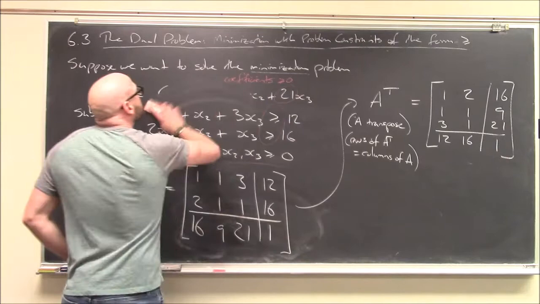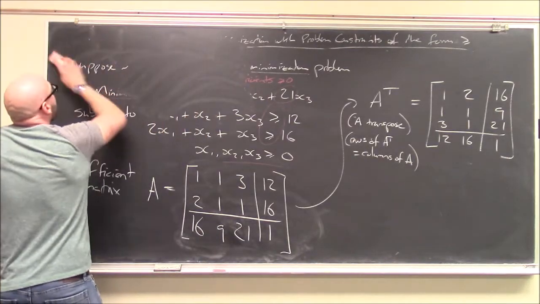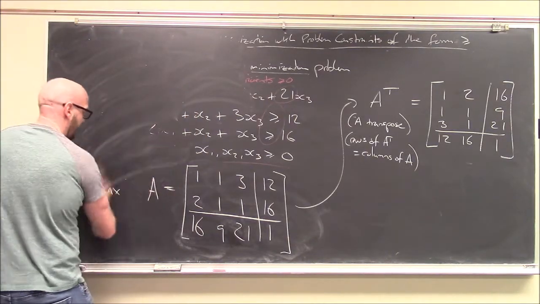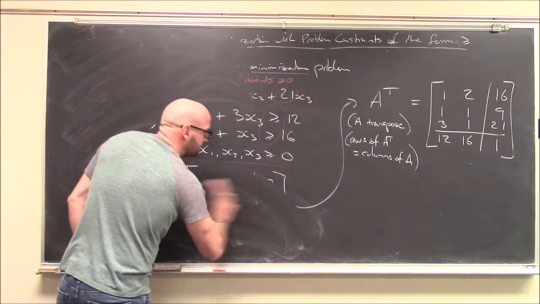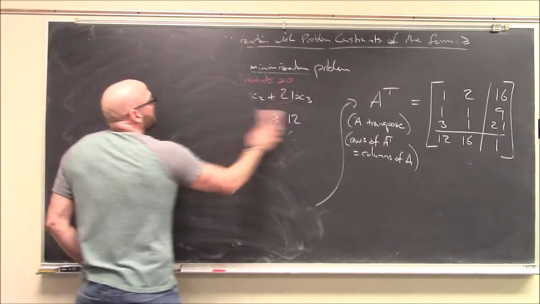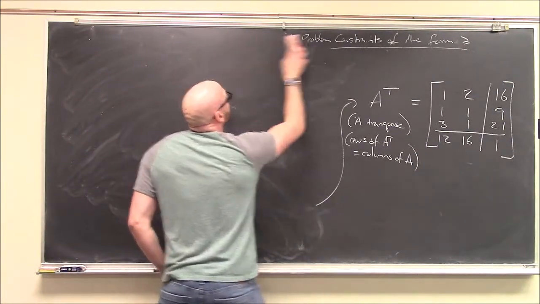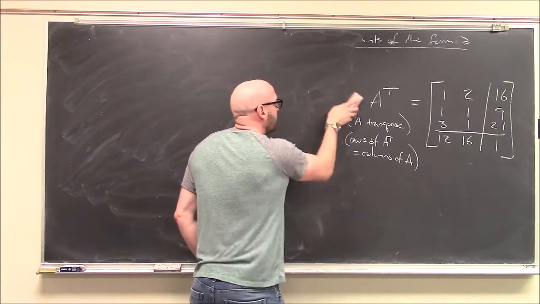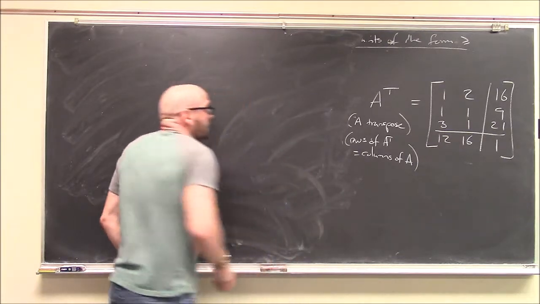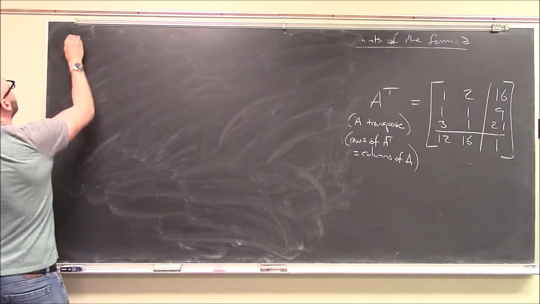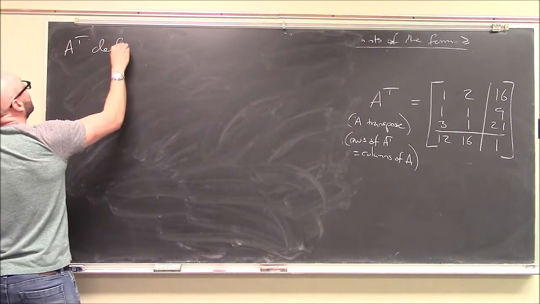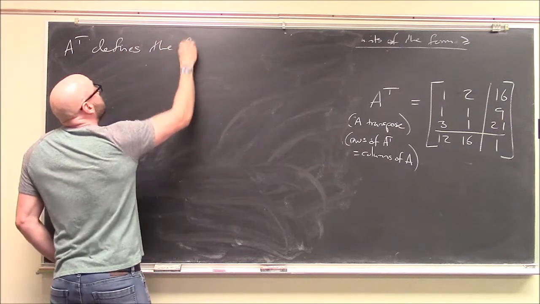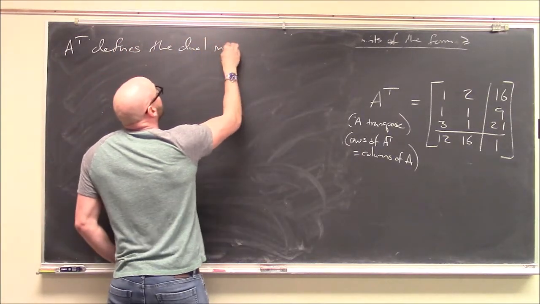Okay? So A transpose defines the dual maximization problem.